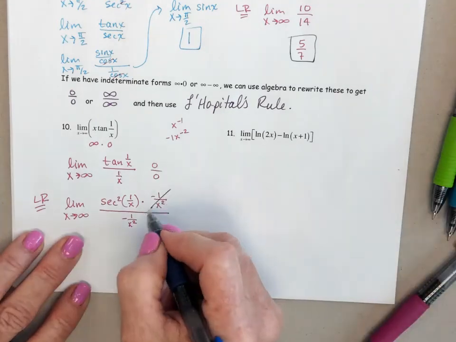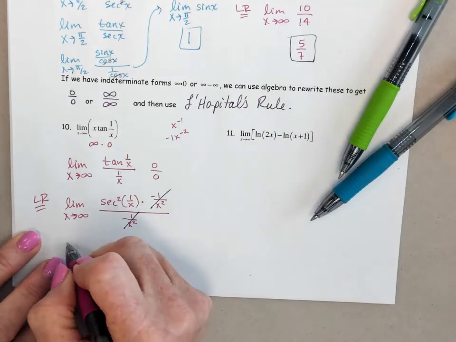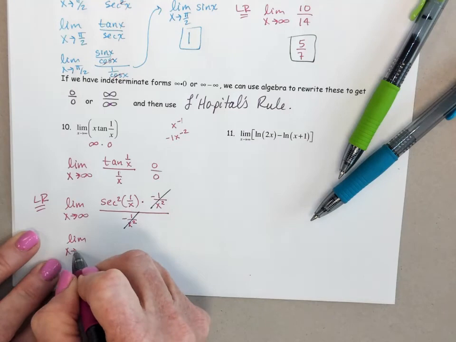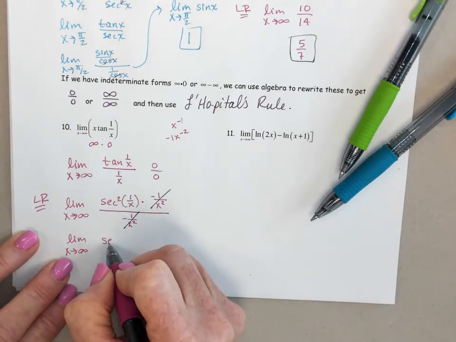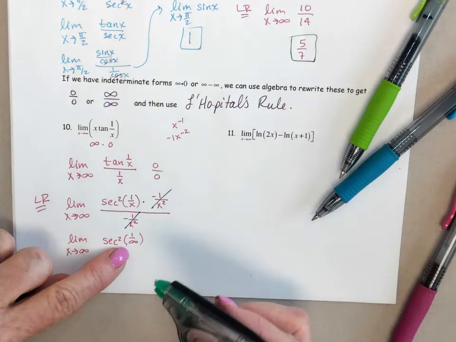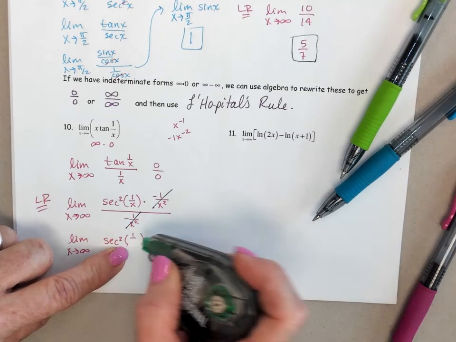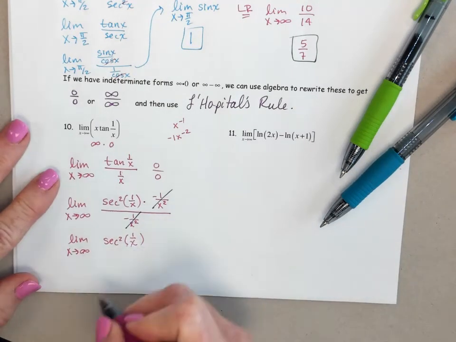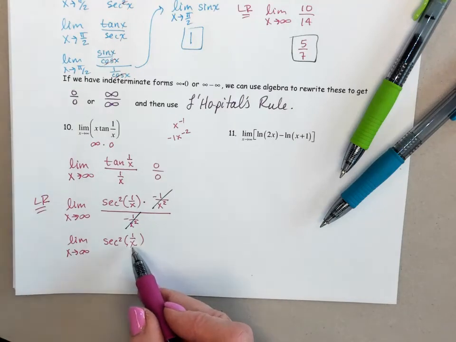These divide out, and we're left with the limit as x approaches infinity of secant squared of 1 over x. Oops, I didn't mean to write the infinity there, I'm sorry. I think I was thinking ahead and substituting the infinity in for x in my head.